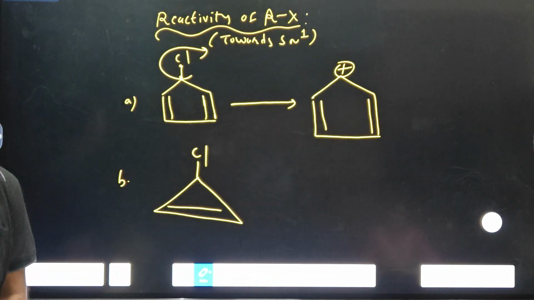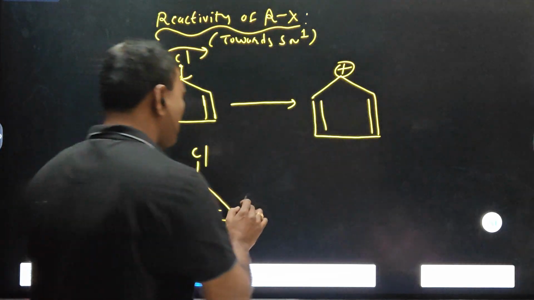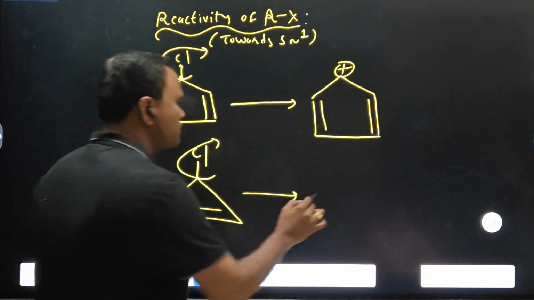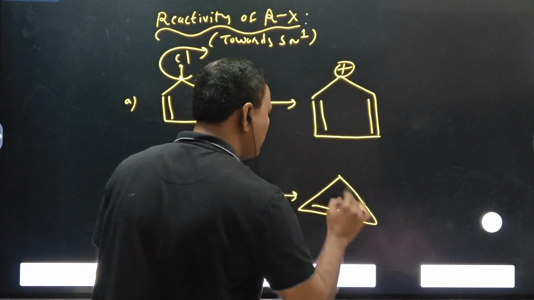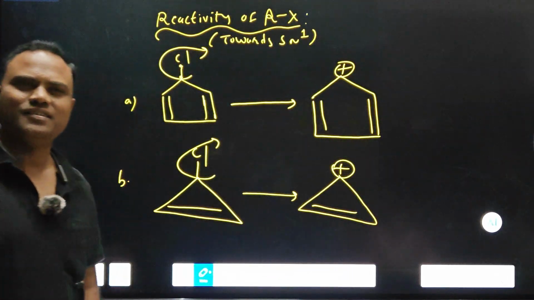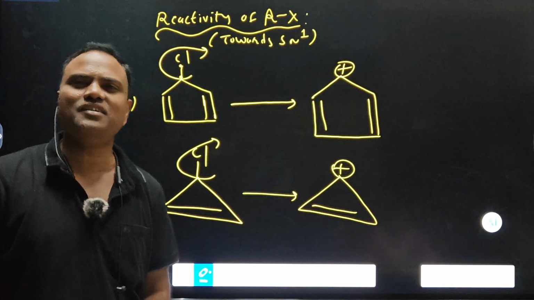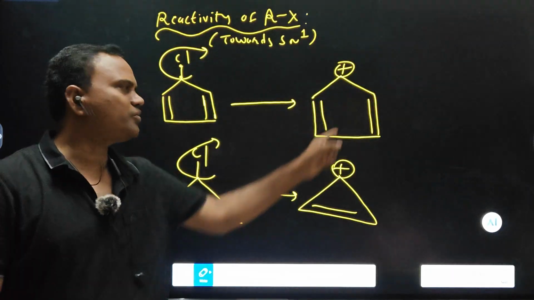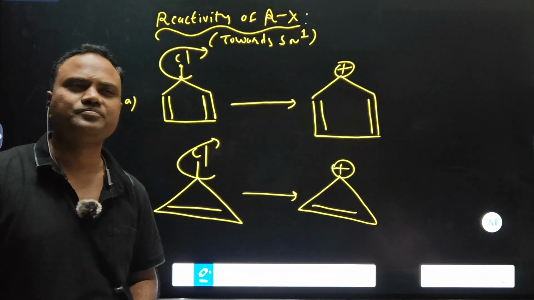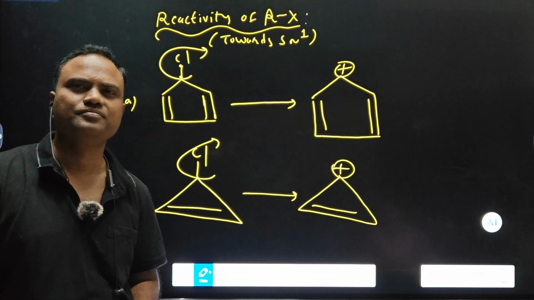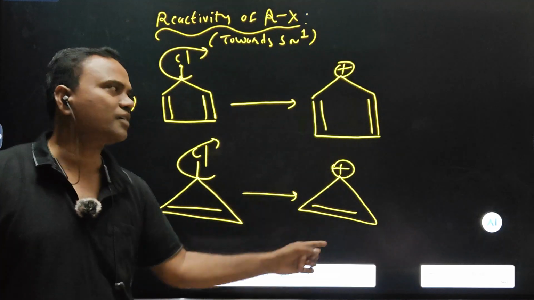Here also remove halogen along with the bond. Step 1 is formation of carbocation. Right? Between these two, which is the stable carbocation? Second one or first one?